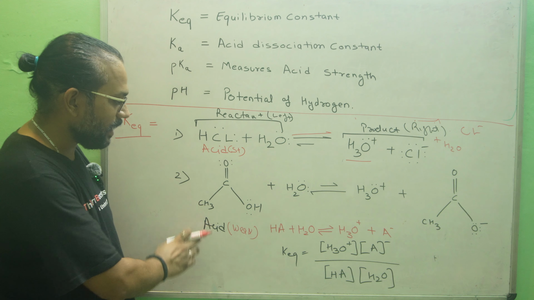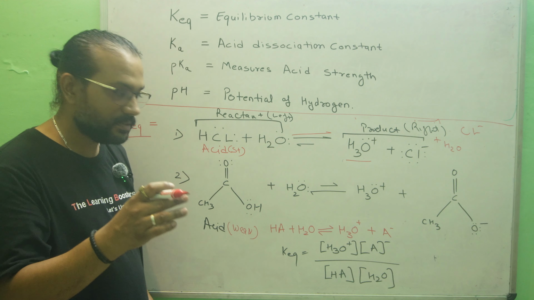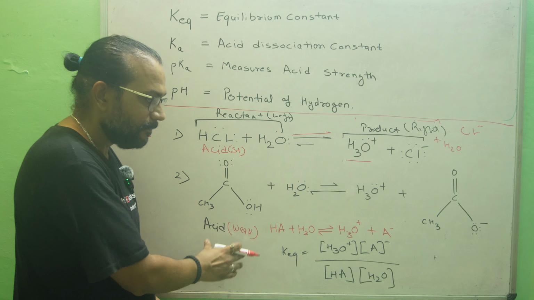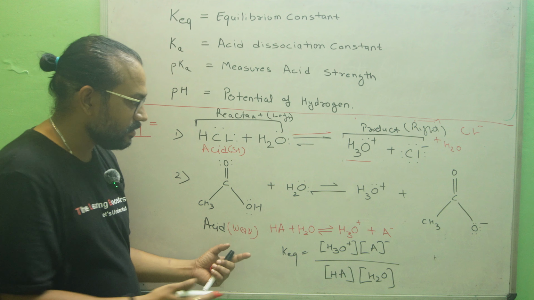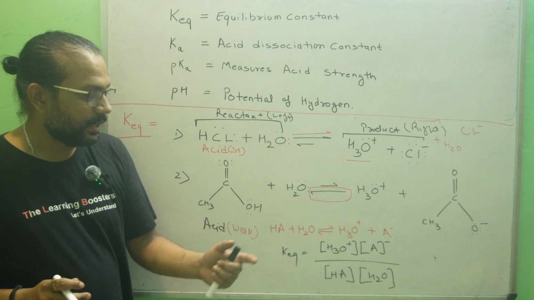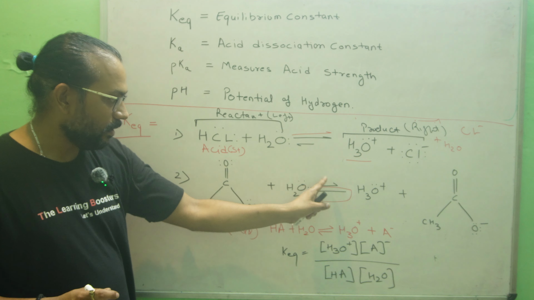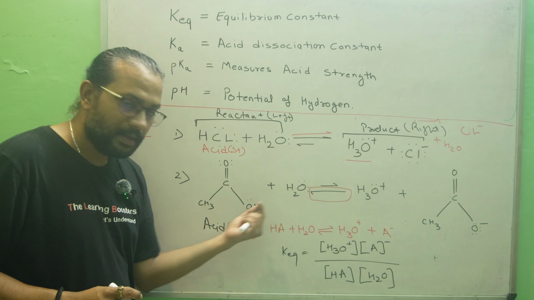Similarly, for acetic acid, which is a weak acid, the equilibrium lies toward the left. Here I have also represented the arrow sign, which is lengthier than that of the above one. So we can say the equilibrium lies toward the left.